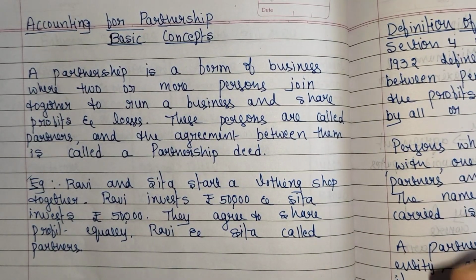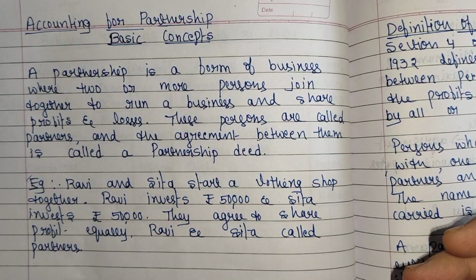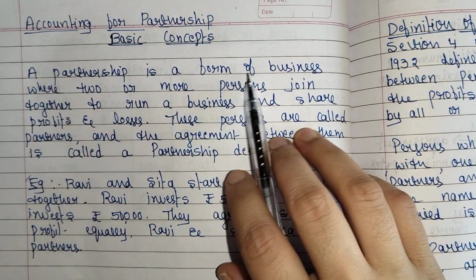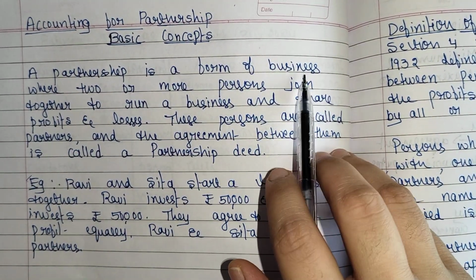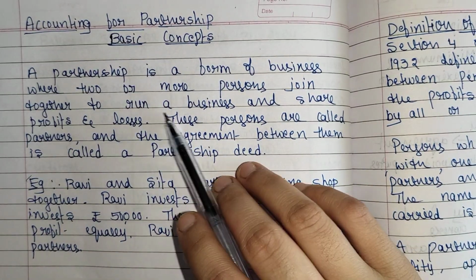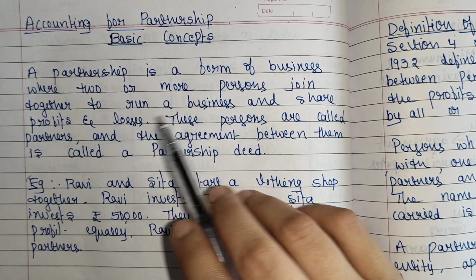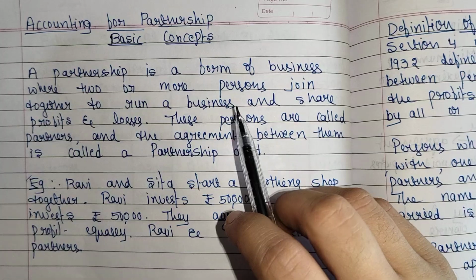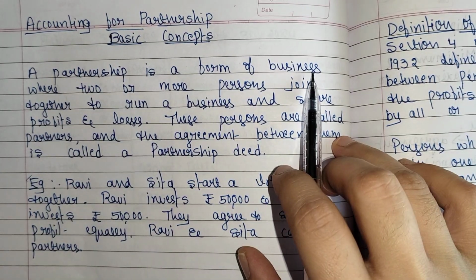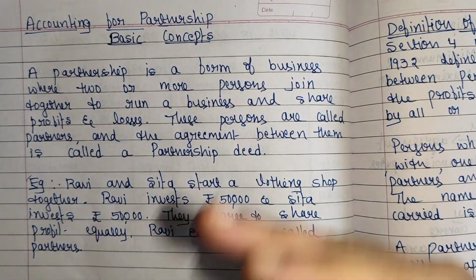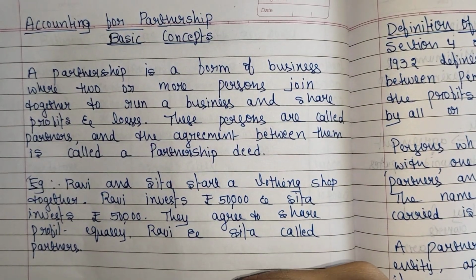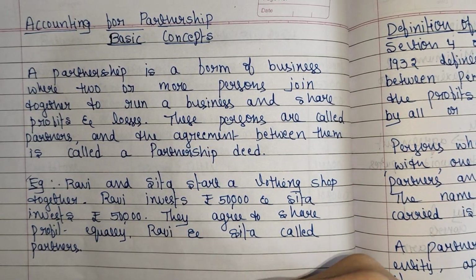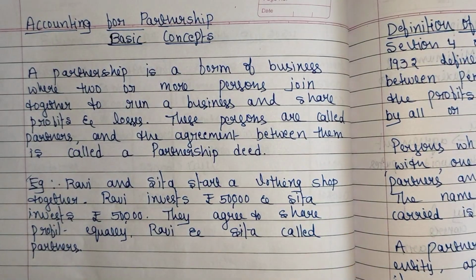So what is partnership? A partnership is a form of business where two or more persons join together to run a business and share profits and losses.